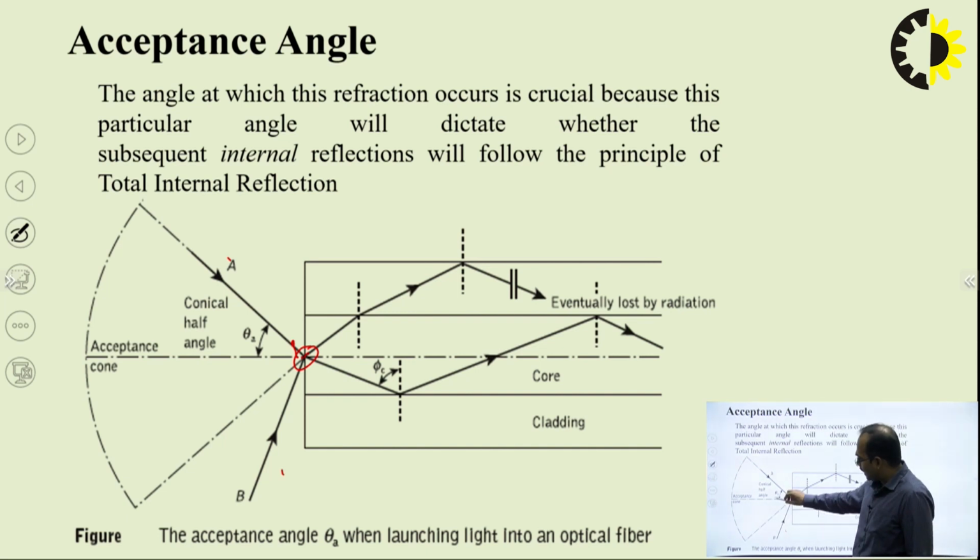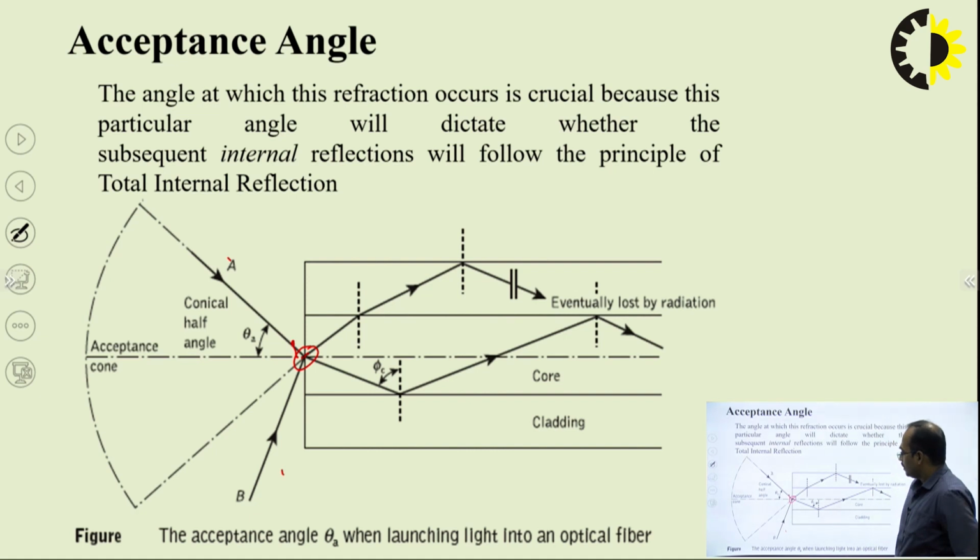If I increase this angle of incidence, then refraction will occur, and the loss of radiation will start occurring. In that case, information can be lost, or there will be some security issue.